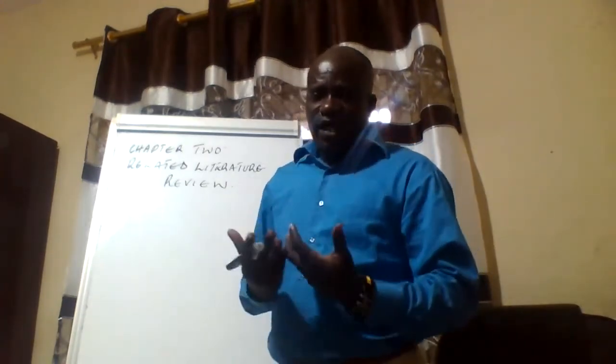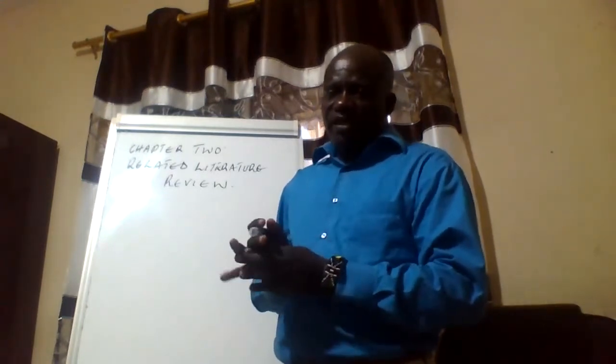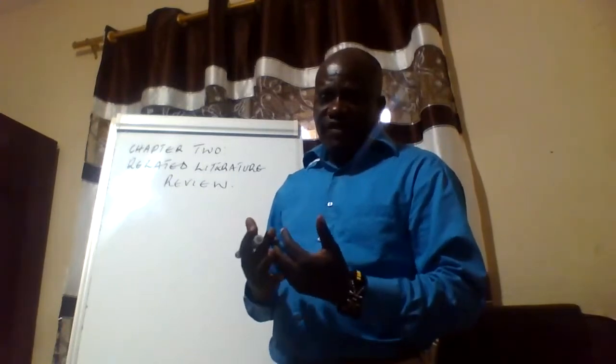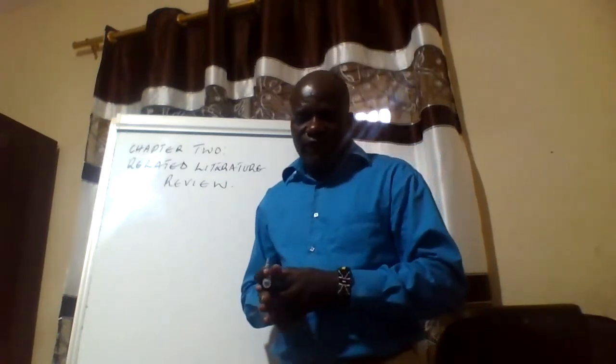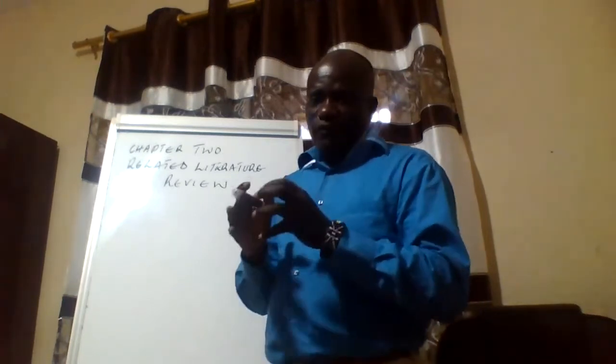The introduction tells the reader how the chapter is arranged and how the review is organized. The rationale of the study is also shown, and the sources of literature and the procedure of literature review should be stated and briefly discussed in the introduction of the section.